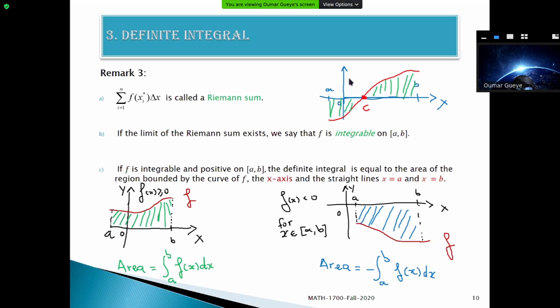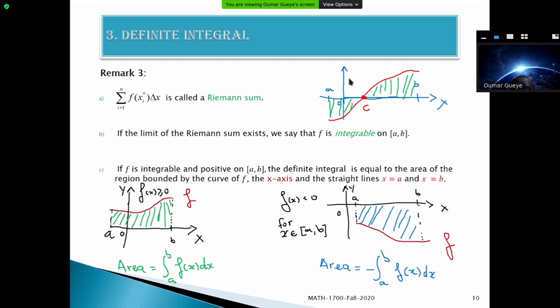you have to split it into integrals. Between A and C, the function is negative, so you apply what I said here on the right, because on the right, the function is negative.